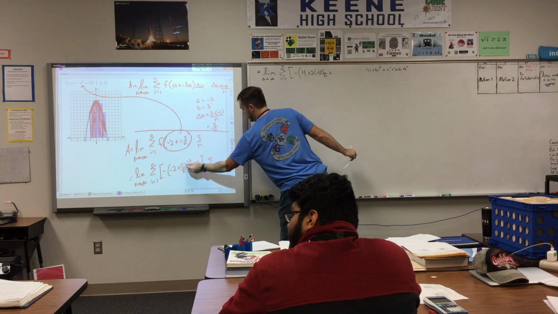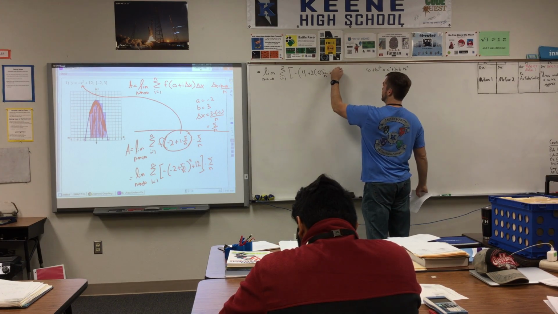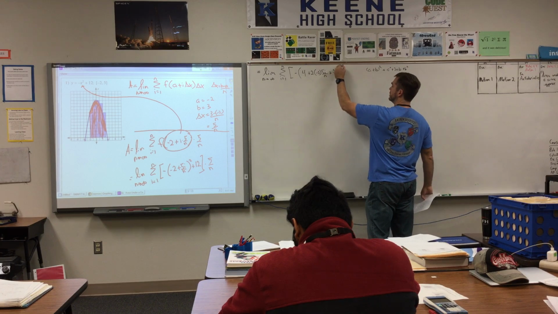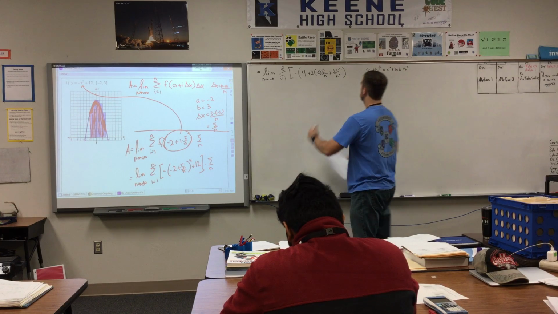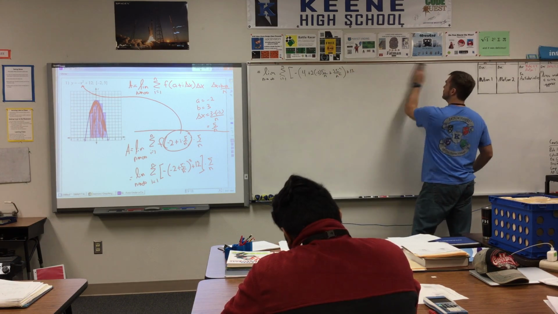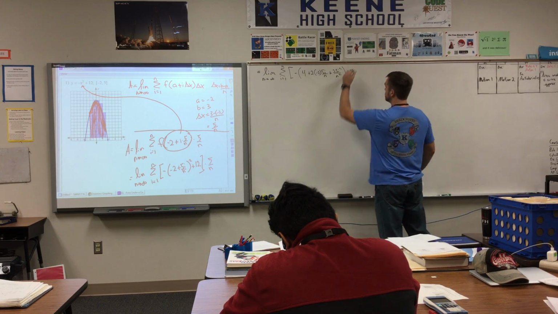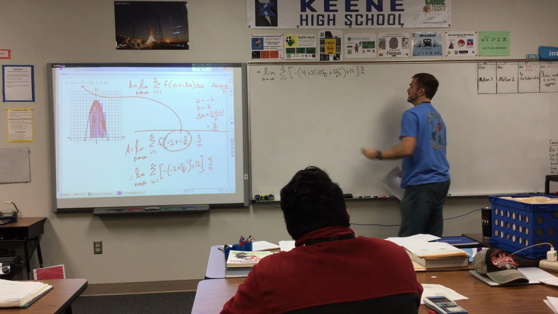So the second thing is 5i over n, so 25i squared over n squared. Put the plus 12. Close bracket, times 5 over n.